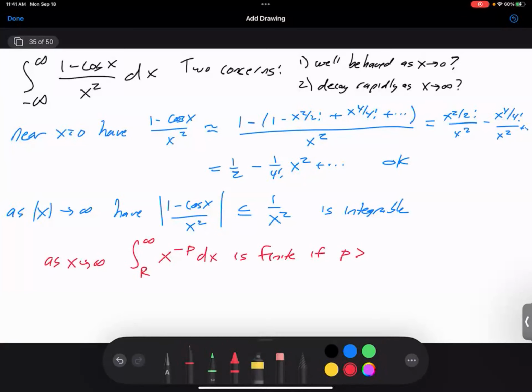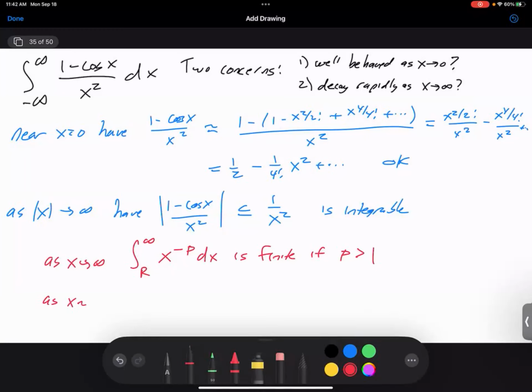So for what values of p will 1 over x to the p be integrable as x goes to infinity? Is it 1? Yep, as long as it's greater than 1. And I'll leave you to do the exercise. If p equals 1, this is the logarithm, and it just barely diverges.